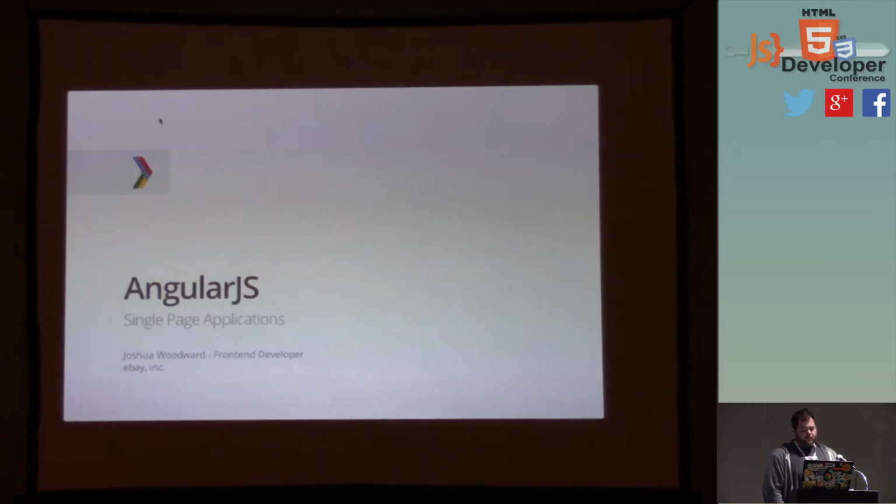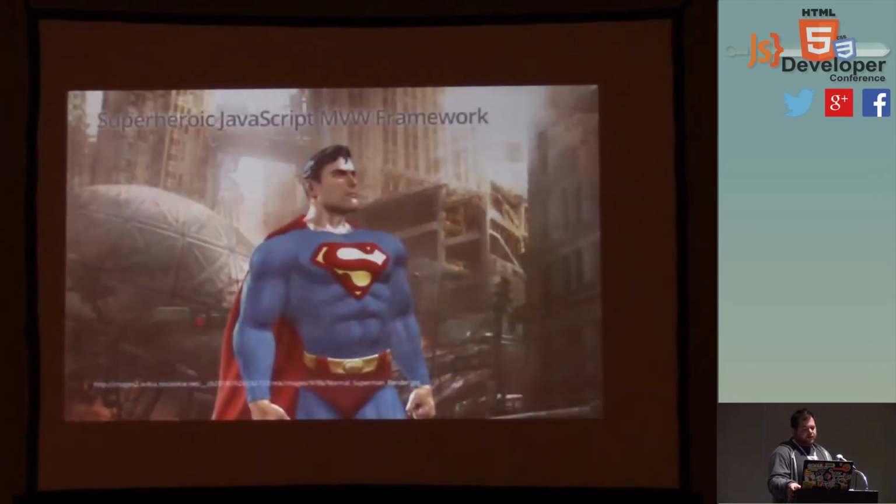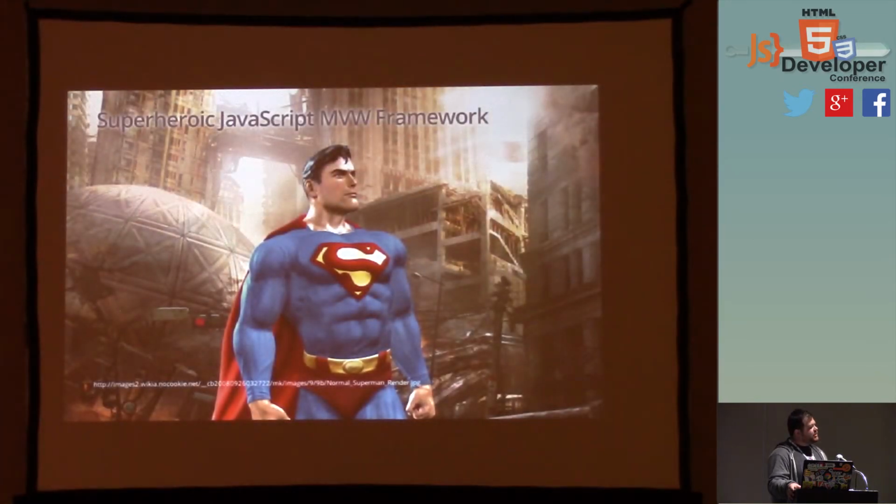I'm sure you're all familiar with him. So let me get started. So this is the AngularJS logo. Everybody's seen this before, right? I think they went with this logo because of their tagline. It's a super heroic JavaScript framework. And so they probably got the idea from a shield or something like that, right? And if Misko was here, I'd try and convince him to come up with a new logo.